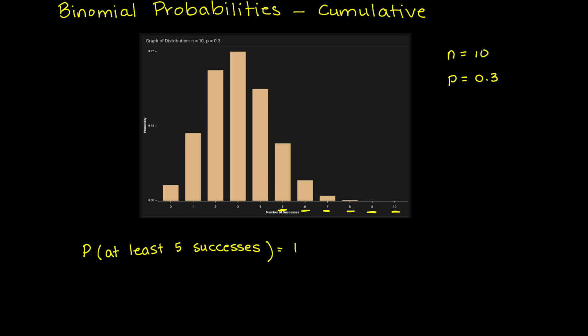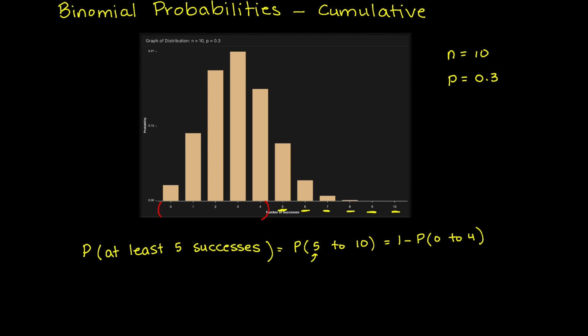So this is the probability of 5 to 10 successes, and we're going to calculate that by doing 1 minus the probability of 0 to, I look at 5 was where we started here, so I don't want to overlap, so I'm going from 0 to 4.